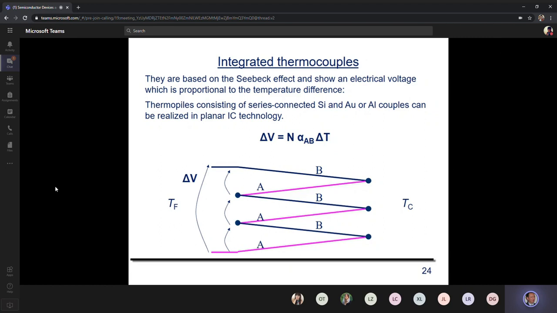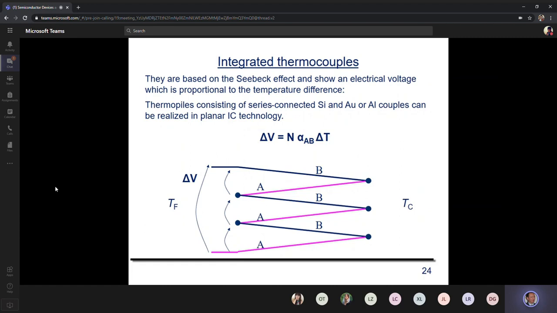So the typical physical appearance of the device is of the zigzag form. You see that the different pieces go from right to left or vice versa, okay? So you have a number of junctions that are on the extreme right of the page, and the other junctions are on the extreme left, okay?